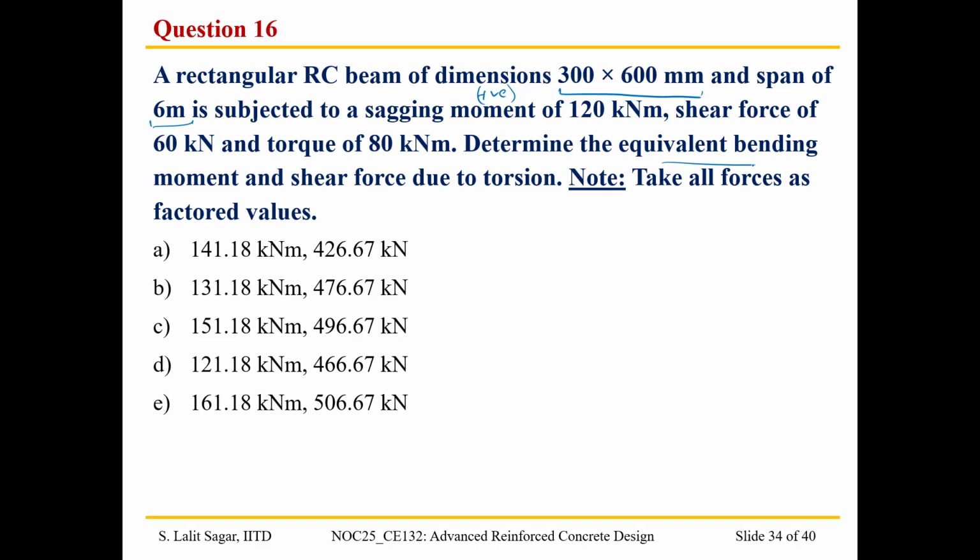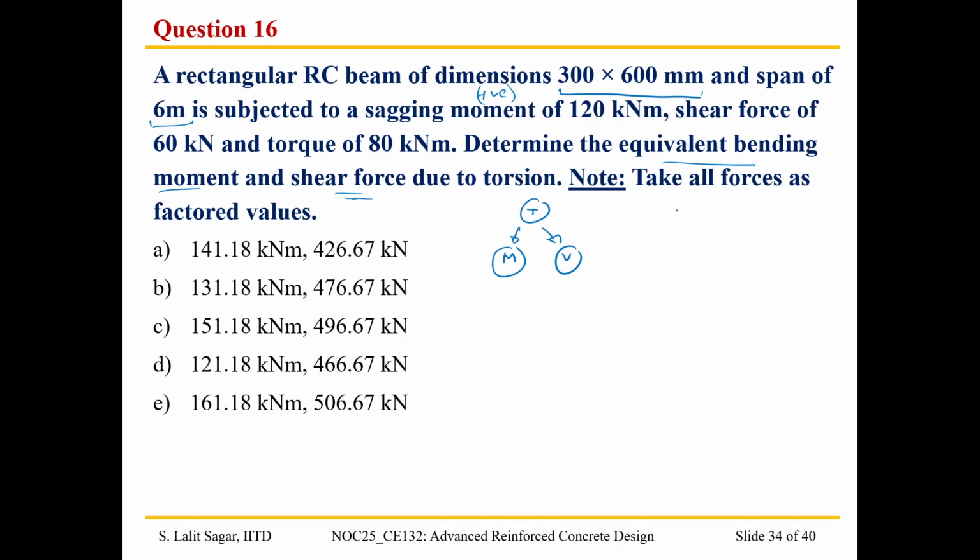Determine the equivalent bending moment and the shear force due to torsion. As we discussed earlier, in the previous problem, we subjected the beam to pure torsion, then converted it to the equivalent moment and equivalent shear force, then performed the design.